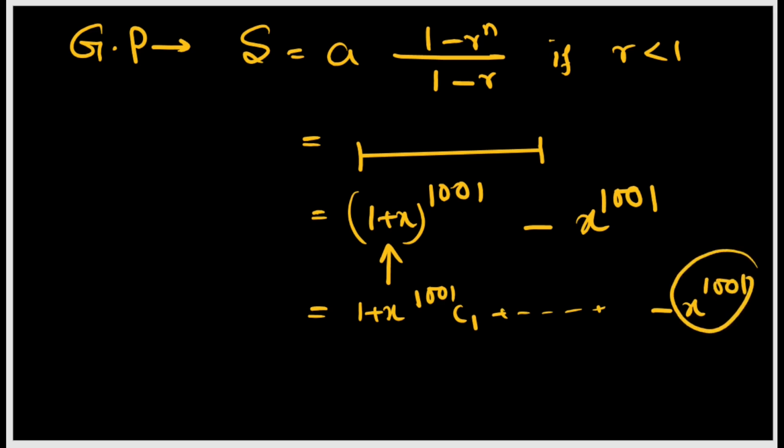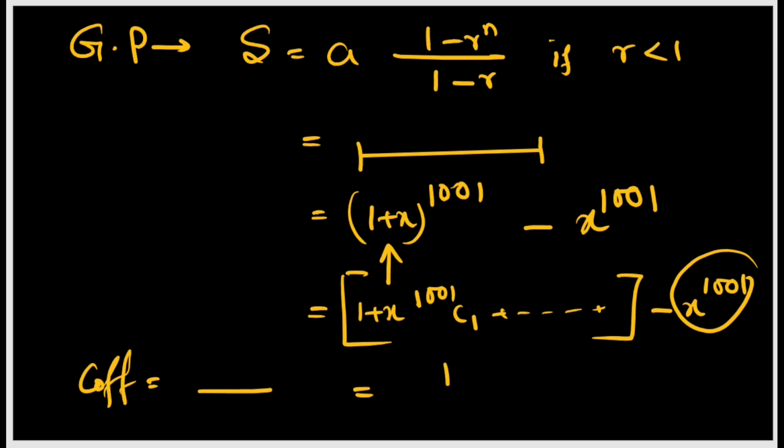This term is not used because we find the coefficient of x^499 and x^500, so only these terms are involved. From this sum we get the coefficient sum, then we use the Pascal identity, and the final answer is 1002C500. This is the answer, and option A is the correct answer.